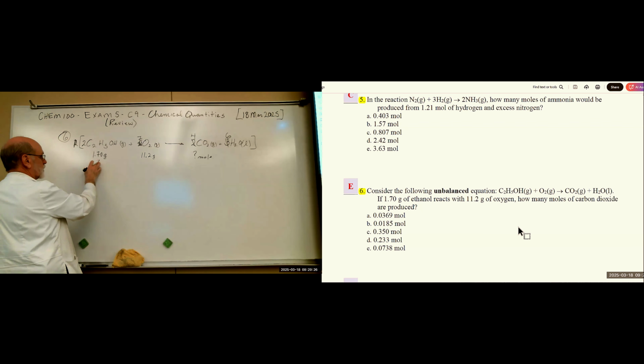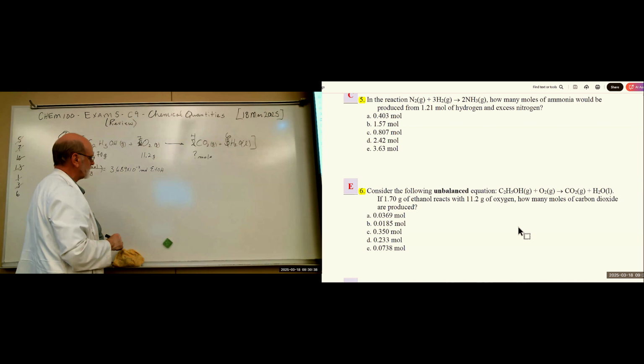So this is 46.08. 46.08 grams per mole divided into 1.7 is 3.689 times 10 to the minus 2 moles of ethanol. That's my abbreviation for ethanol.